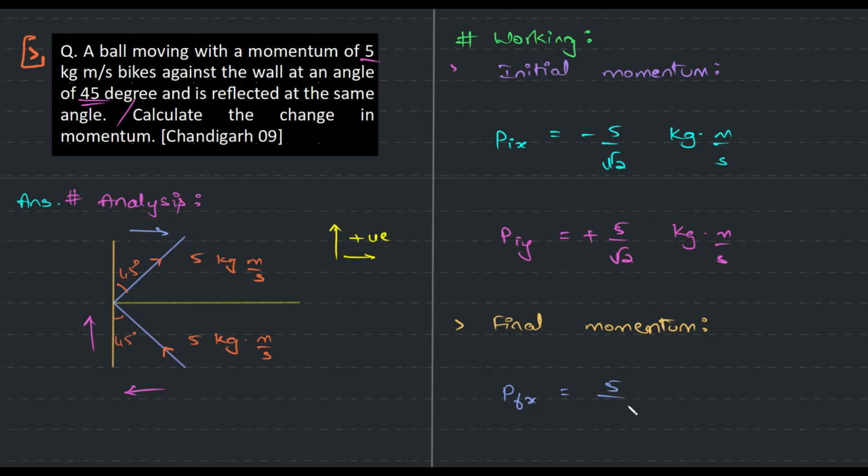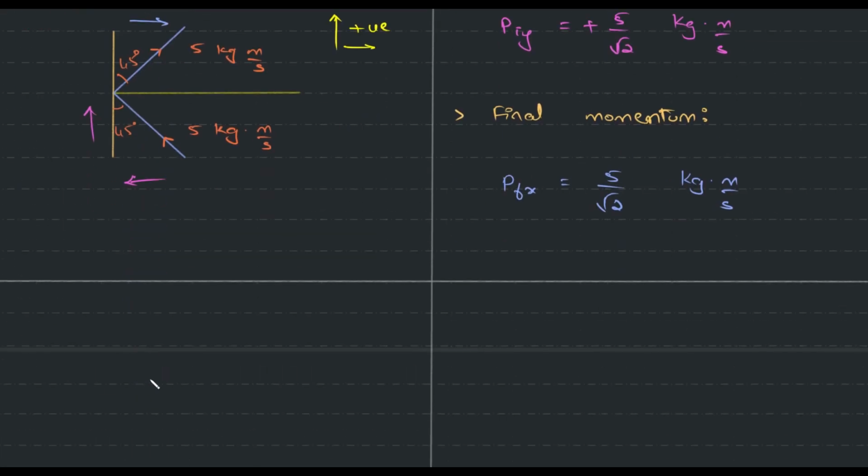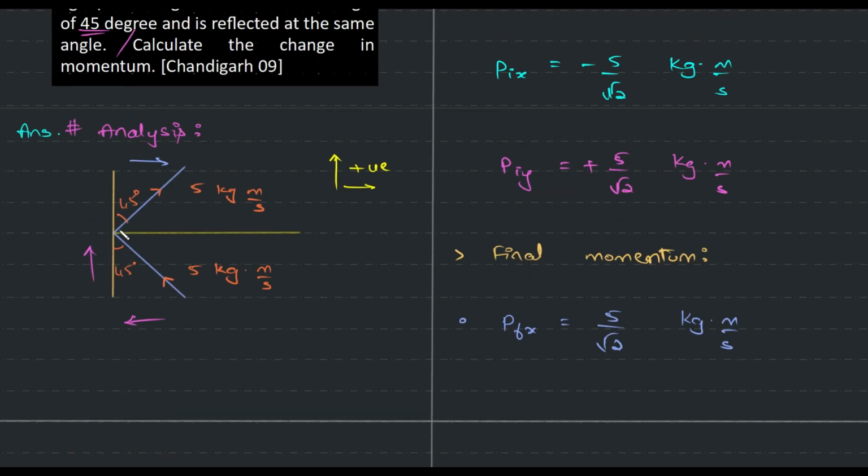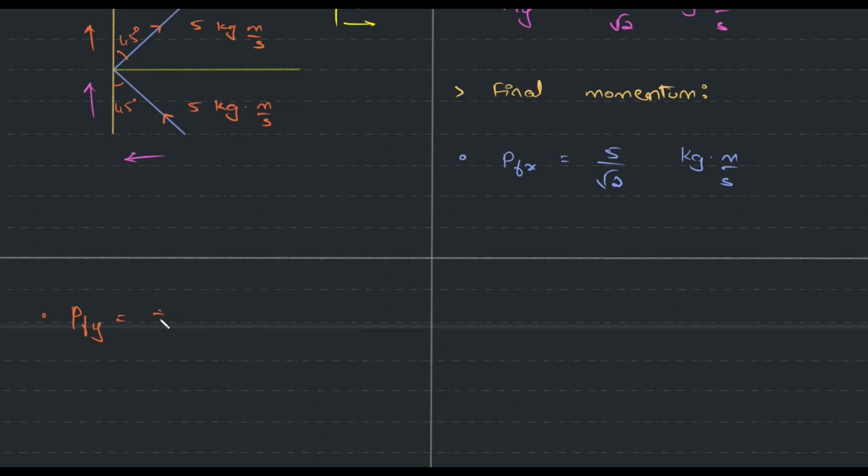So we have 5 by root 2 kg m/s. Then we have P of f of y is equal to, so post bouncing off, the object still continues to go up. So this will remain the same.